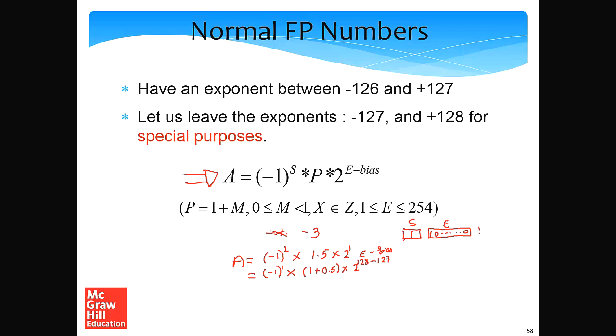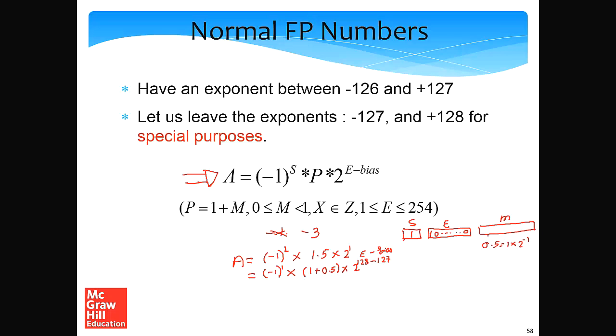Now let's come to the mantissa. So the mantissa part is 0.5. So 0.5, if we want to represent, essentially 0.5 is equal to 1 times 2 to the power minus 1.